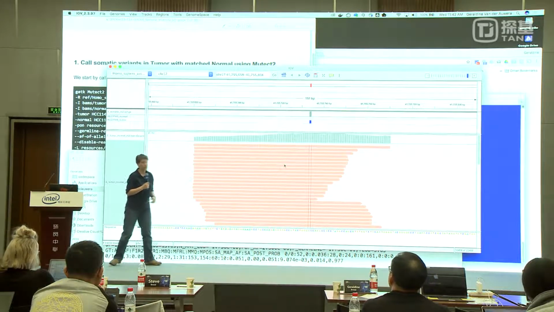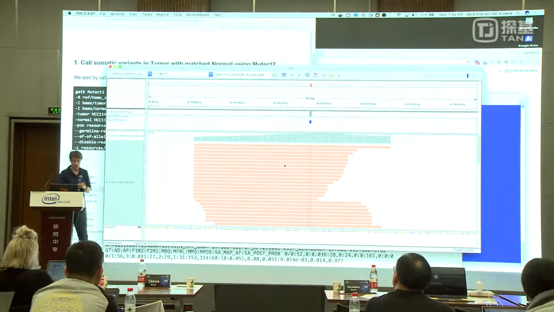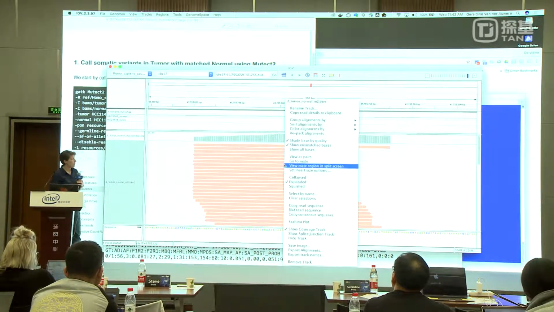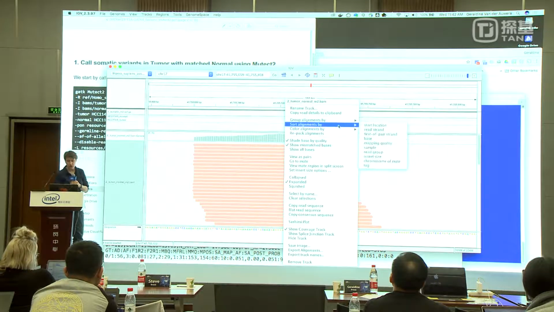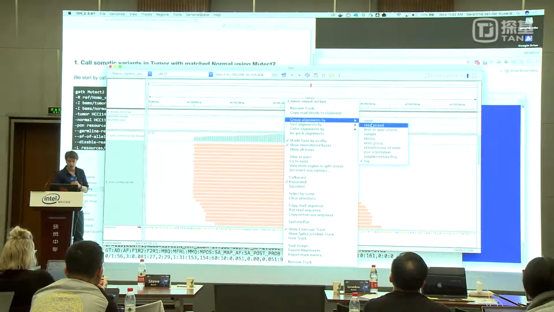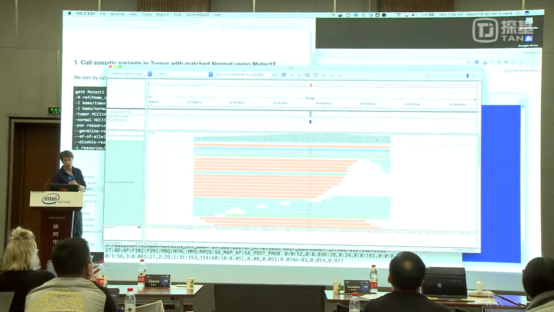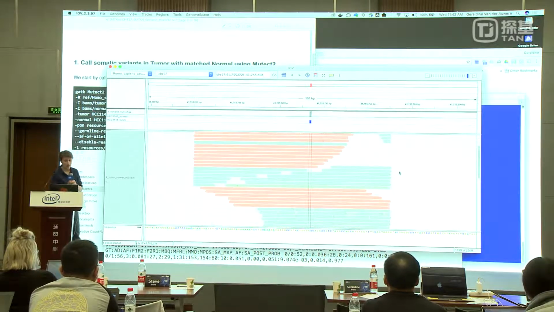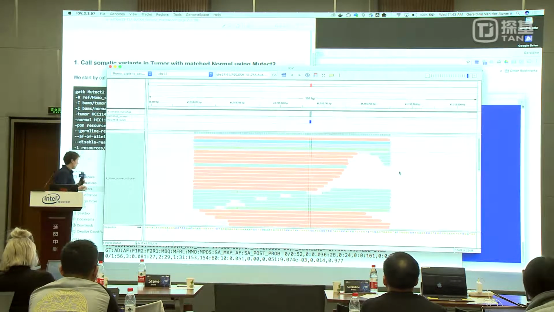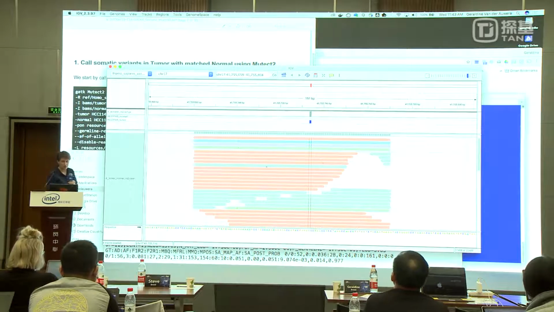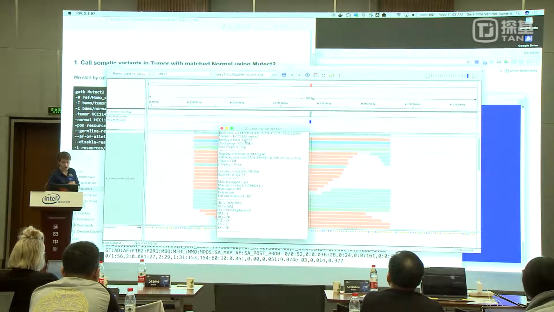Right now I don't know, but I can change the way I'm viewing the data and grouping them. I can, in fact, group by sample instead of tag. And now if I group by sample, I'm going to see here if I click on this, this belongs to the normal sample.